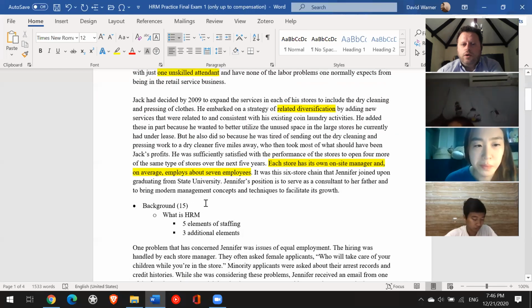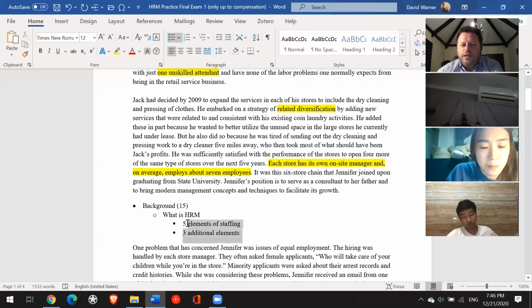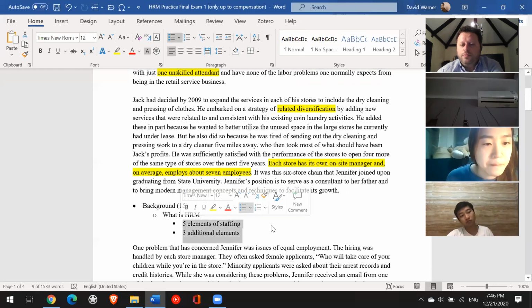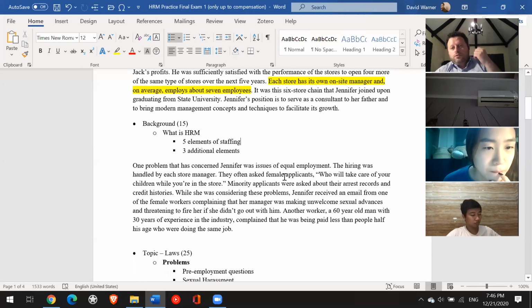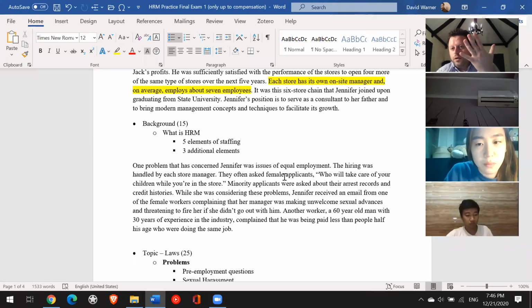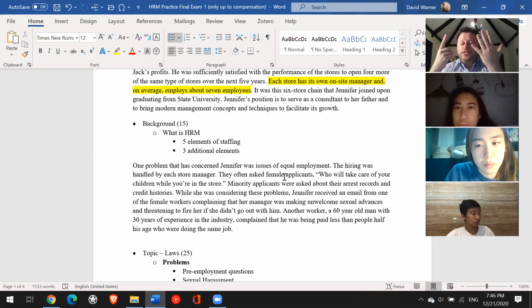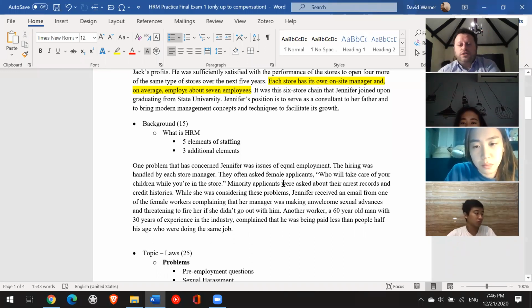We talked about the 5 elements of staffing and the 3 additional elements. So to me, this would probably be recruiting, selection, compensation, evaluation, or training, or health and safety, fairness, and unions. I mean, that's really the choices we have, I think, when I say what topic is it.